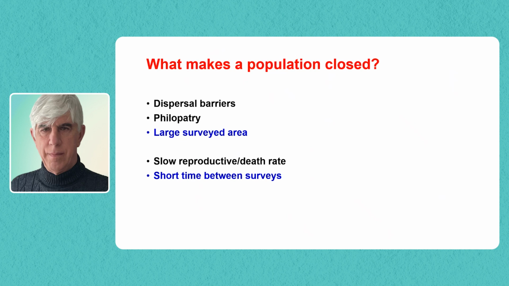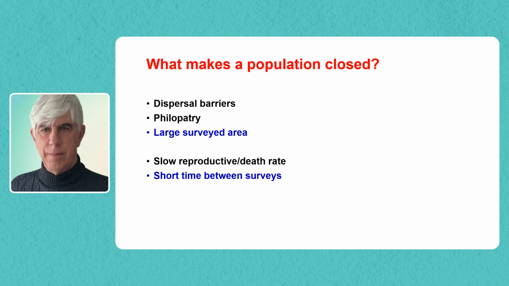In general, there may be natural barriers in an environment, for instance frogs that cannot leave a lake or a pond, or philopatry. I didn't know what philopatry was. It's the tendency of animals to stay in that specific area, or a very large area from which it's difficult to leave.